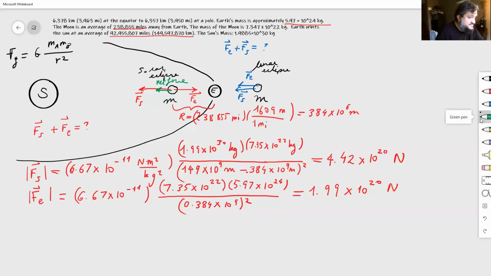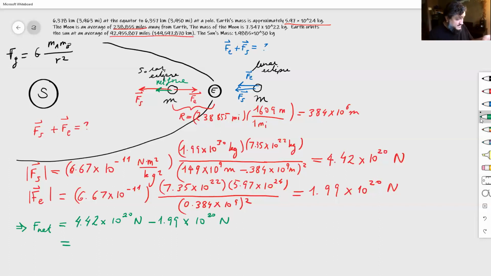The net force then will be 4.42 times 10 to the power 20 newtons minus 1.99 times 10 to the 20 newtons.